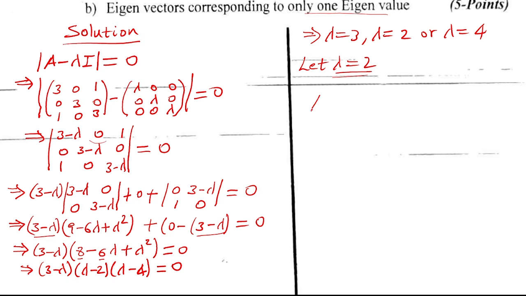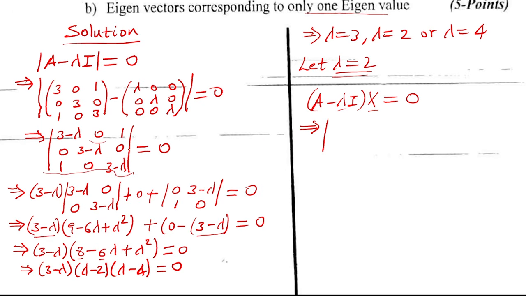We know that (A minus lambda I) times the column vector x is equal to 0. Now lambda is 2 here. Therefore, this implies, look, A minus lambda I means this one. But what's lambda? Lambda is 2.